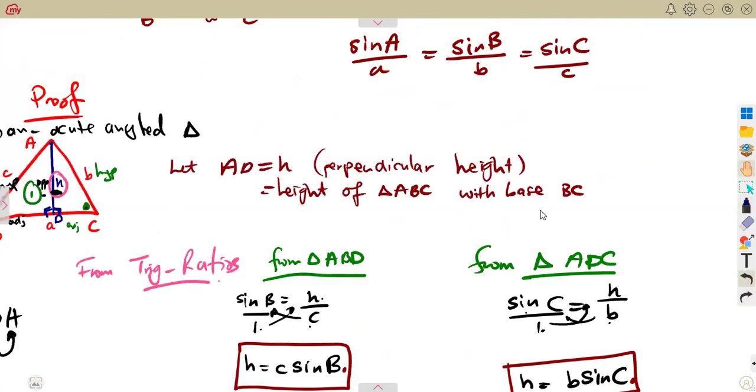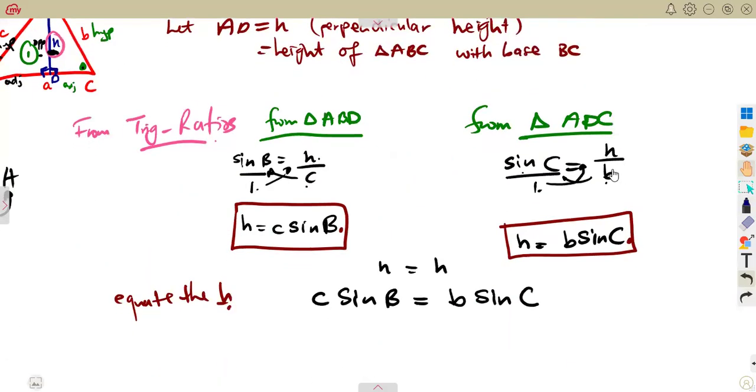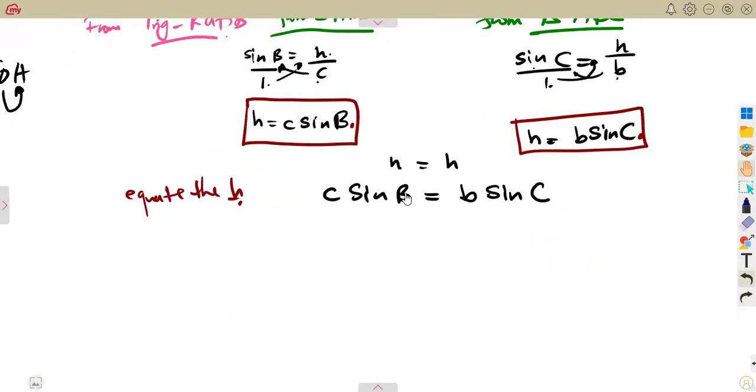For us to obtain the angles on top, the sine of B and the sine of C on top, we simply have to get rid of this C and get rid of this B. So we need B this side, we must divide by a B. We need C this side, we must divide by a C. In a case like that, where you need to remove these two, just divide by both B and C.